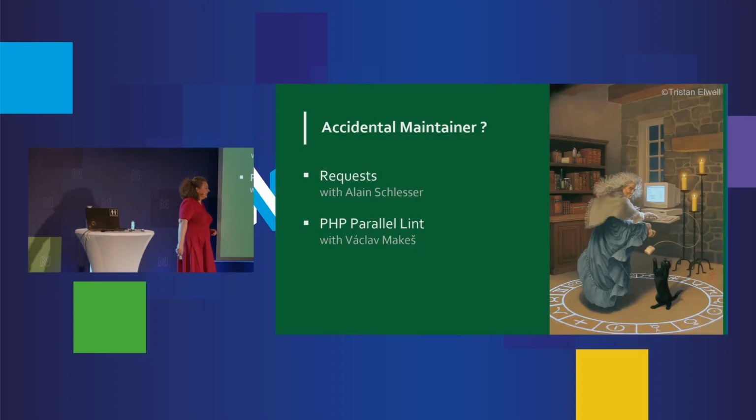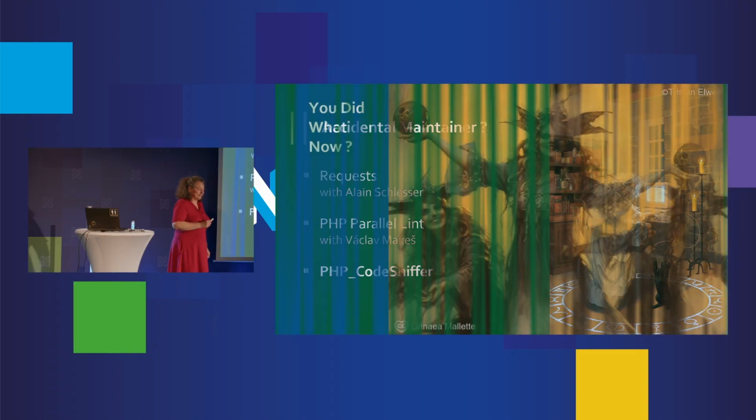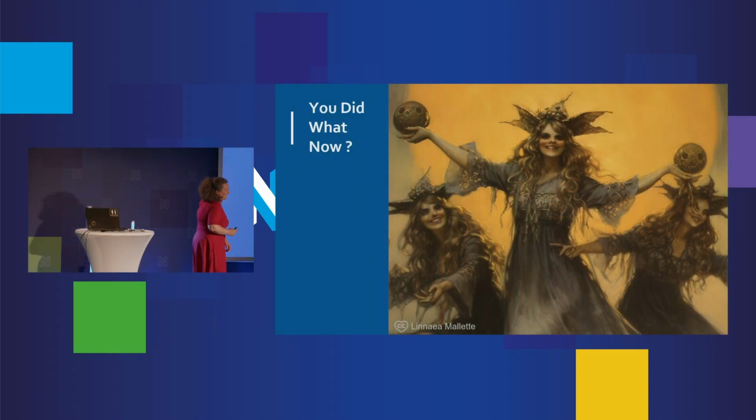I sometimes end up taking over. Now, the latest in this list is PHP Code Sniffer. So I'm now the official maintainer of PHP Code Sniffer. Code Sniffer does have a little bit of a different backstory. I was actually already an active contributor for about 8 years.